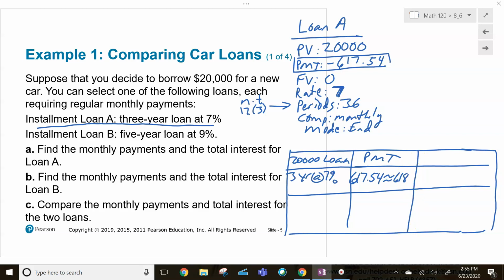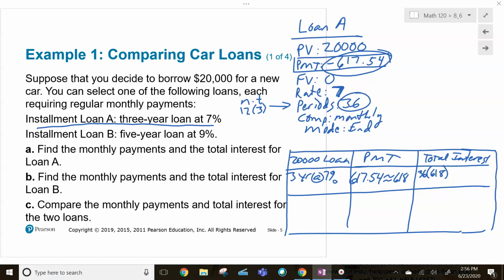Okay. So the total interest, I'm gonna go straight to the total interest. On this loan, I'm making 36 payments of 617.54, which I'm going to approximate at 618.